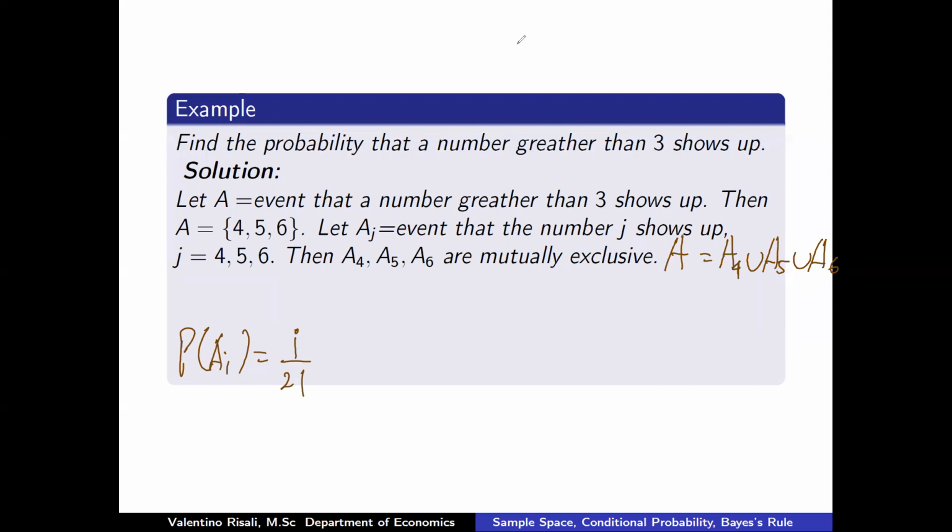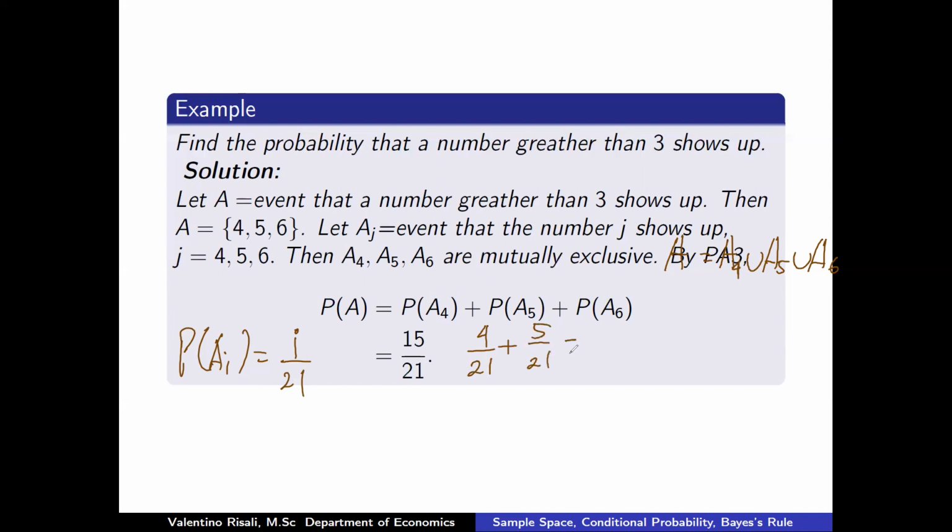And then because they are mutually exclusive, we can separate P(A) into P(A4), P(A5), and P(A6), and then we sum them up. From the previous result, P(A4) is equal to this, and P(A5) is equal to this, and P(A6) is equal to this. And then we get the probability of A is 15/21.